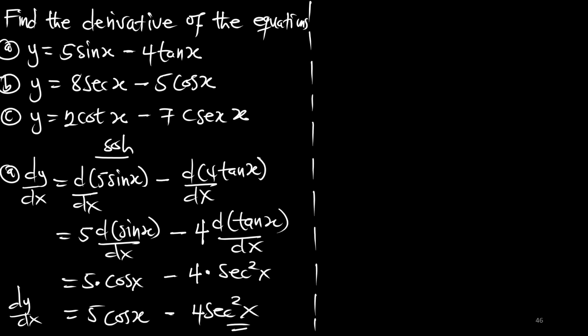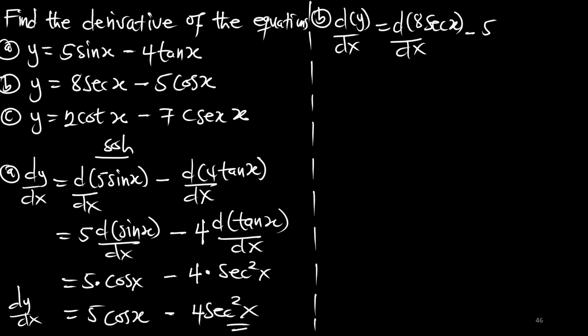The B says we should find the derivative of y equals 8 sec x minus 5 cos x. So if I apply the derivative, dy/dx should be equal to the derivative of 8 sec x with respect to x, minus the derivative of 5 cos x with respect to x.